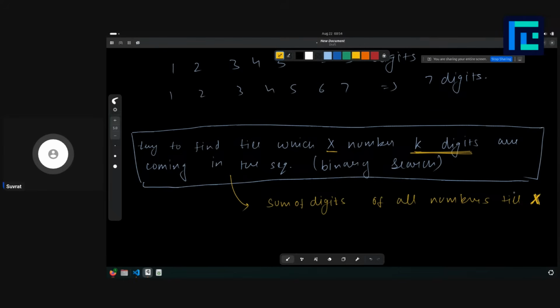It might end in the middle of a number as well. So we'll have to adjust that, but we'll be able to pretty easily do that. So the sum of digits of all numbers till x would be the next problem we'll have to solve if we solve this problem. So let's first try to solve this problem.